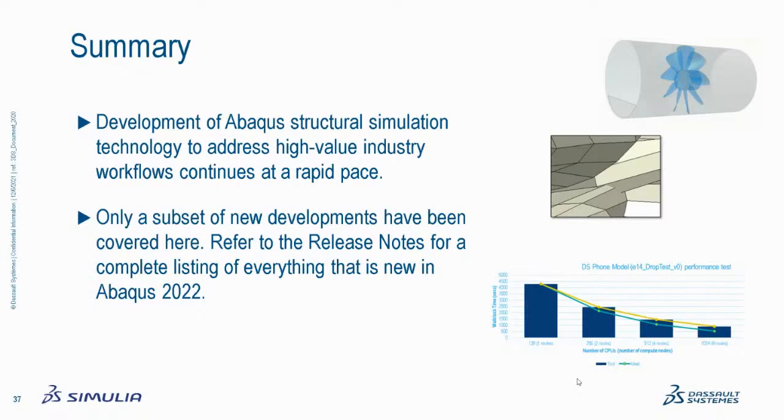My last count was dozens of different enhancements to CAE, almost all of which are driven by customer RFEs. So every release, we're looking at the customer RFEs and implementing as many of those as we possibly can. So they are in the release notes. If you have the 2022 release, you'll find a bunch of CAE enhancements there.